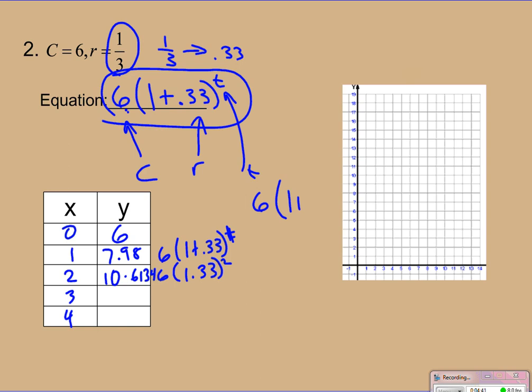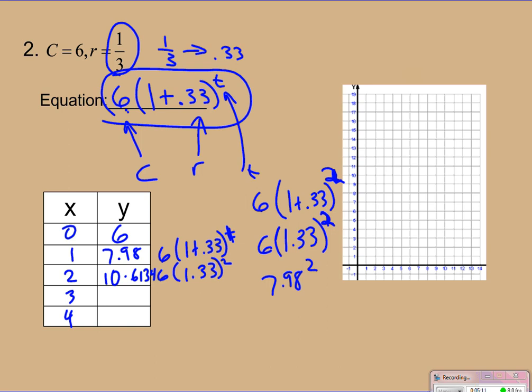Here's a common mistake that kids make. I'll see kids multiply 6 times 1.33 first, and then square that.